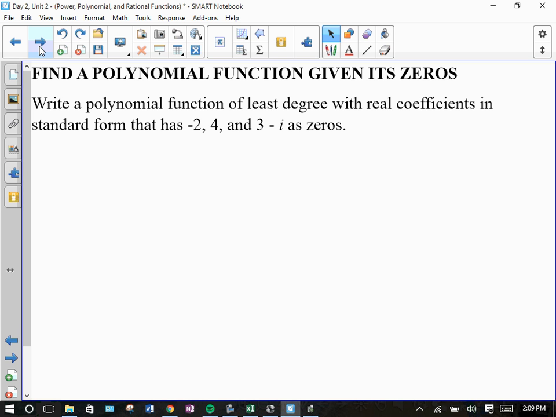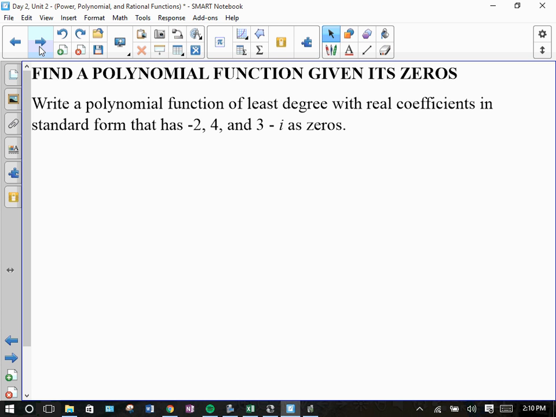I'm telling you that we want to write a polynomial of least degree with real coefficients in standard form that has the zeros -2, 4, and 3 minus i.